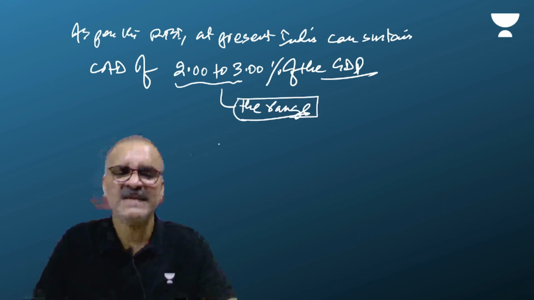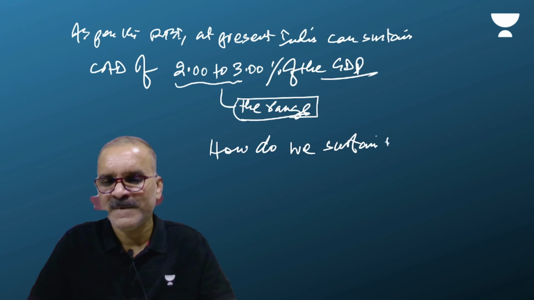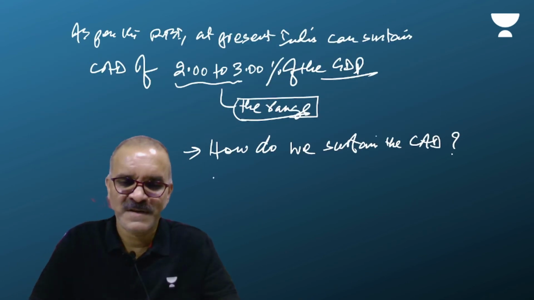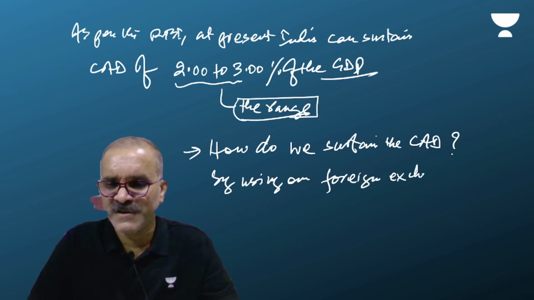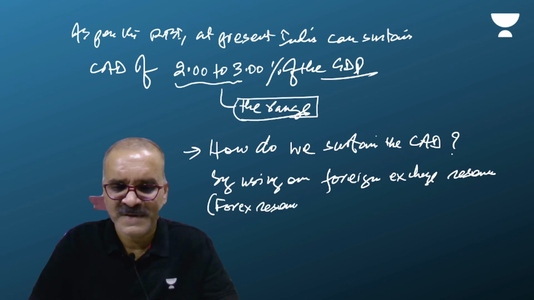How do we sustain the current account deficit? We sustain it by using our foreign exchange reserves, shortly known as forex reserves. Clear?